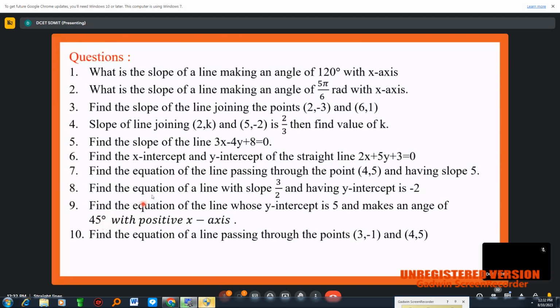Yes, ma'am. So now the answer for the fourth question is -4. If you have any doubt, you can ask.